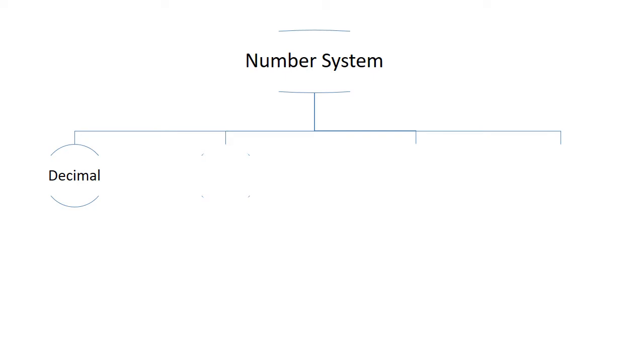And the decimal number system is the number system in our regular usage. The numbers that we use in general for regular purposes, we call the decimal number system.